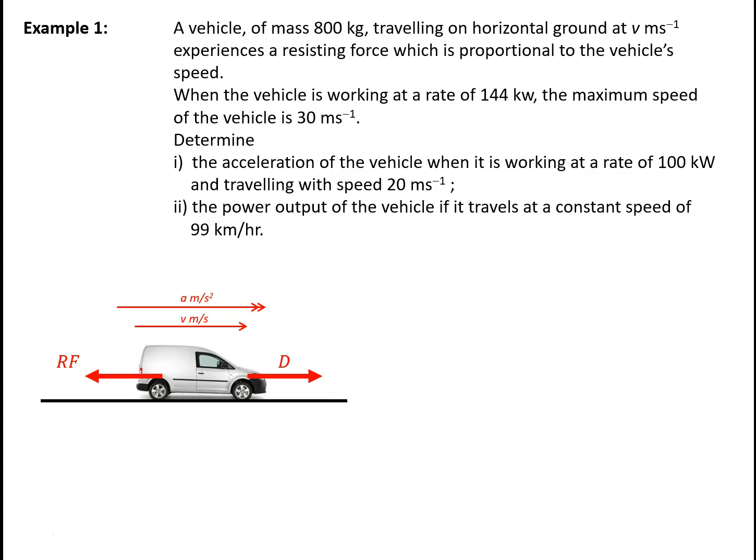There is, of course, the weight of the vehicle acting vertically downwards, and the normal reaction from the ground acting through the four wheels, acting vertically upwards. Since everything in this question is happening horizontally, though, we can ignore those forces at this stage.